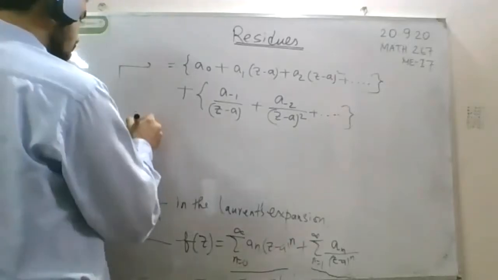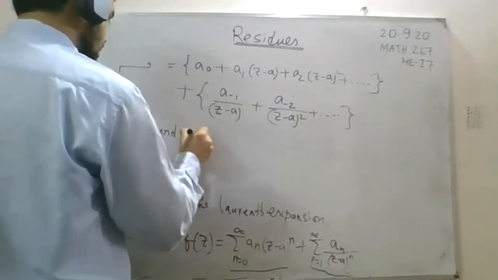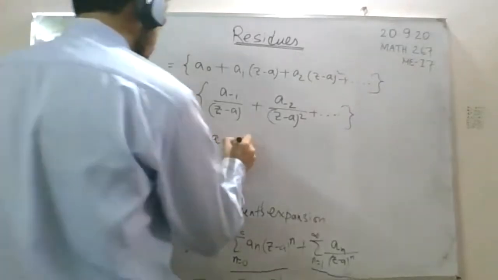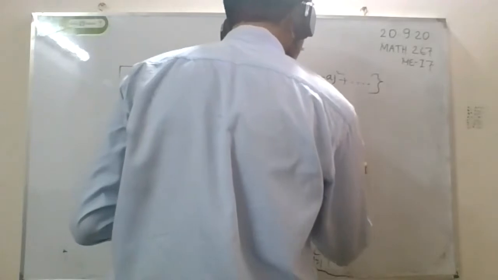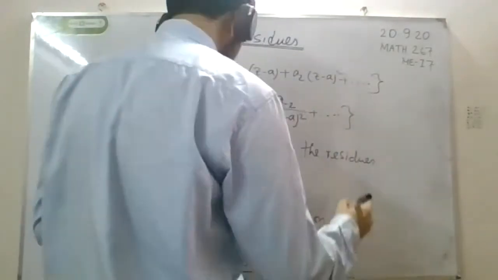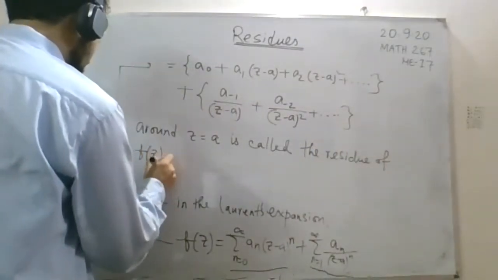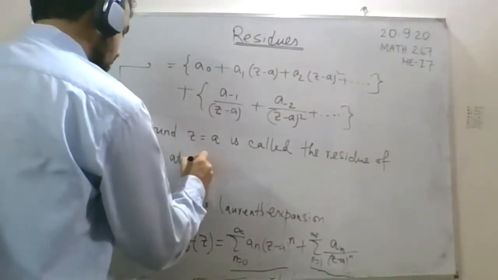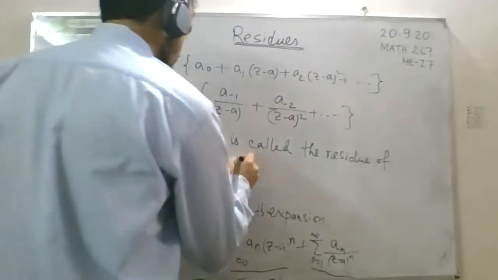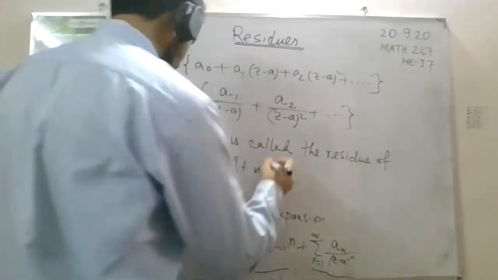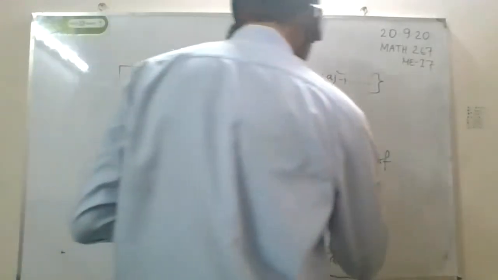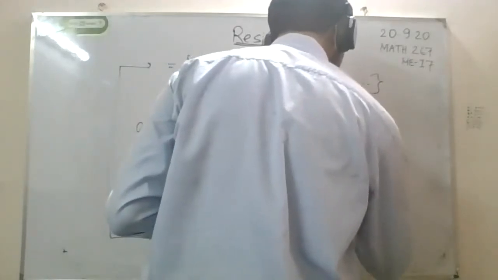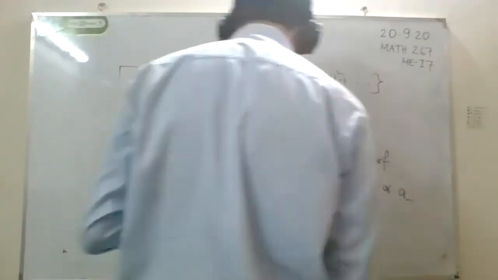residues of the function. So here, around z equals a is called the residue of f(z) at z equals a, and it is denoted by Res a, okay, Res a or a minus 1.